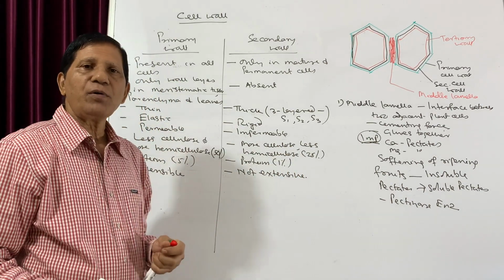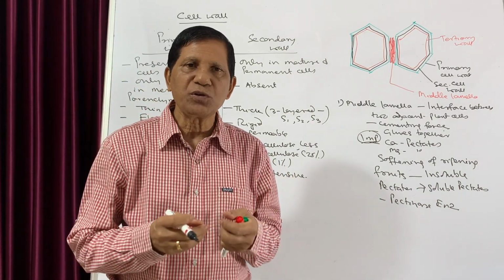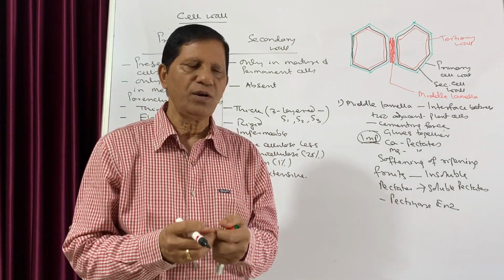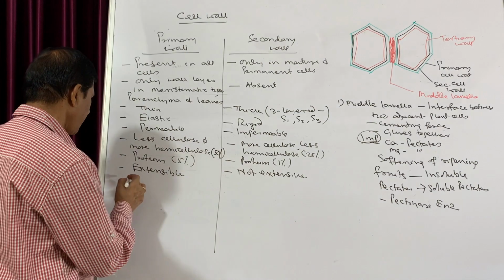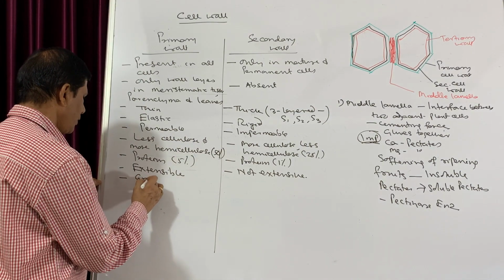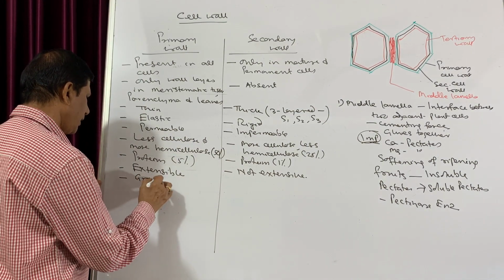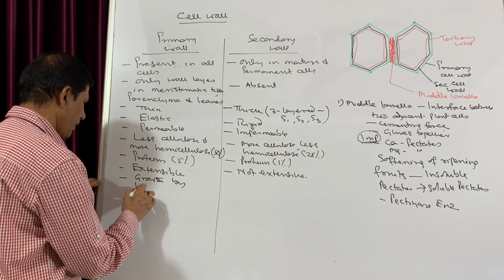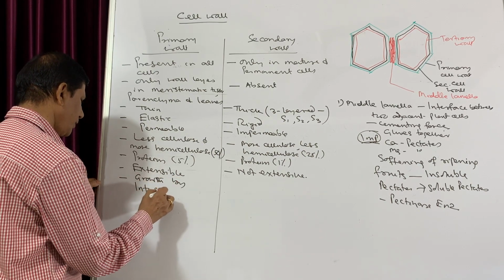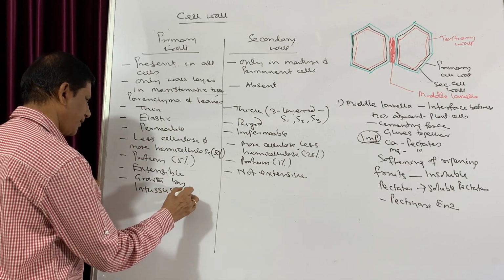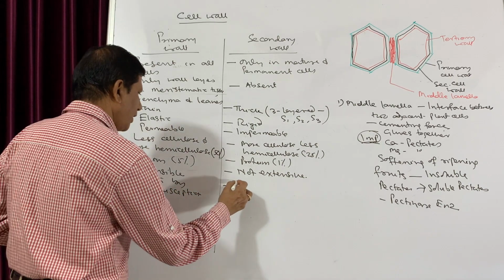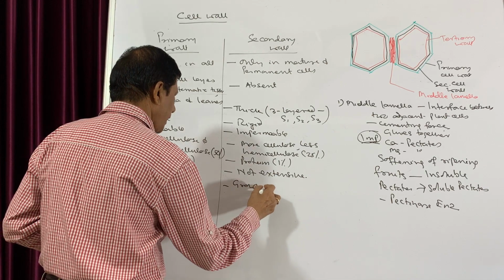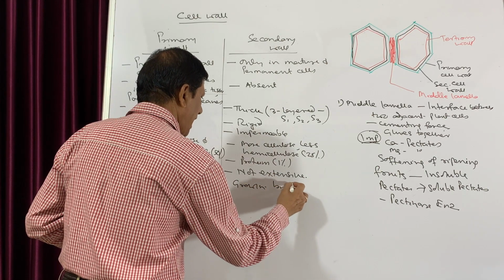Now the primary wall grows by intussusception, while the secondary wall grows by accretion.